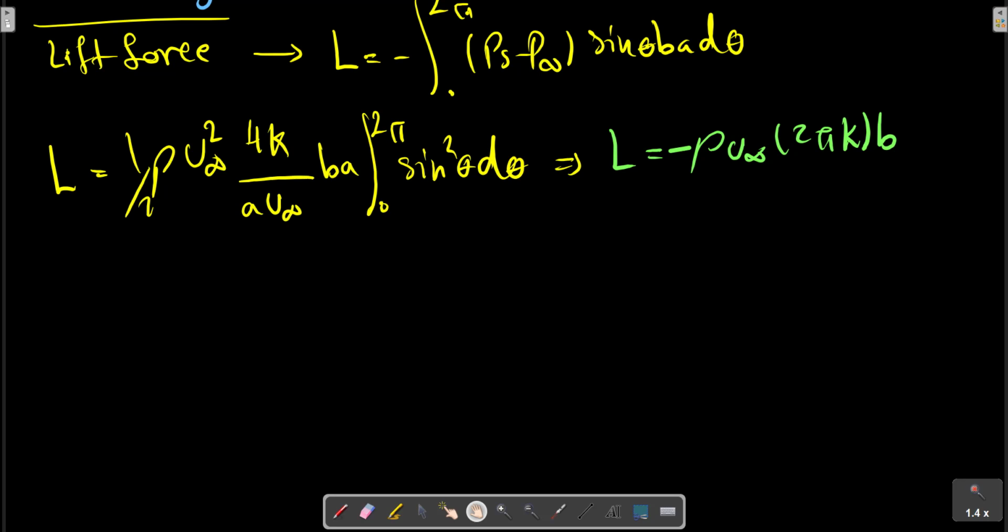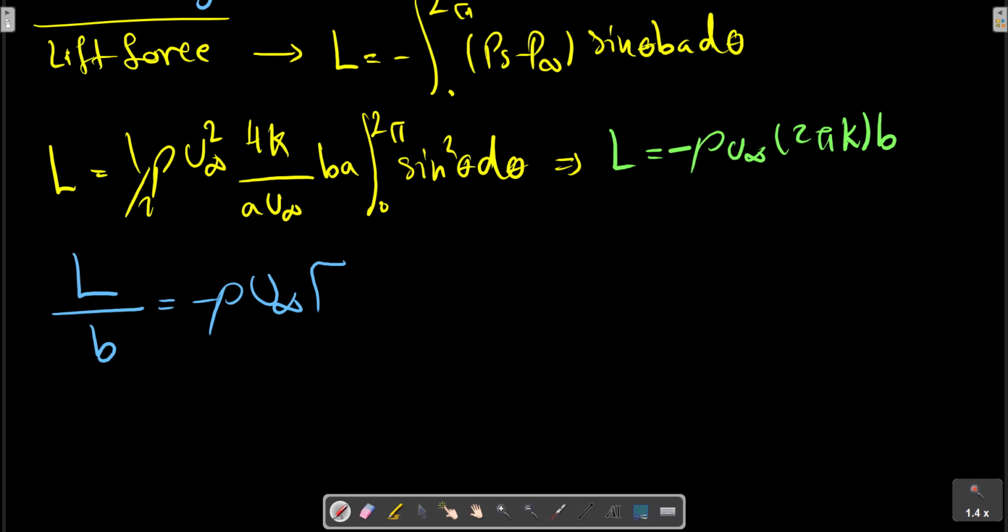With simplification, the final expression for the lift force is: lift force on the depth of the cylinder equals the density of fluid, times upstream velocity, multiplied by the circulation.